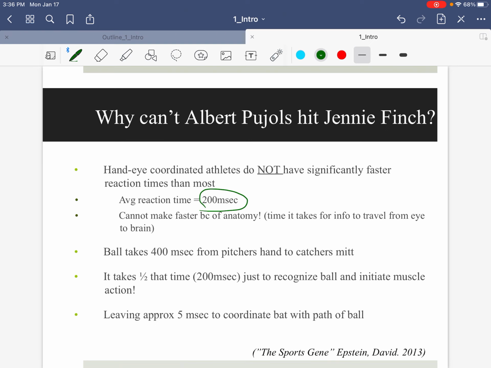So hand-eye coordination isn't the only answer. It can only be so fast because of anatomy. And look at the average reaction time. It takes this much time for the ball to get from the pitcher's hand to the catcher's mitt.